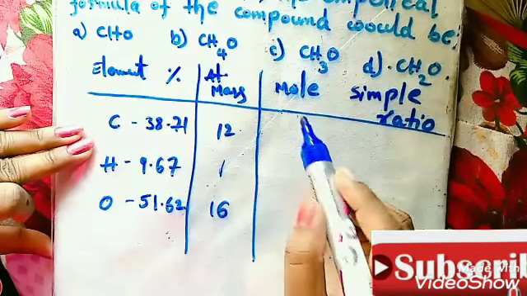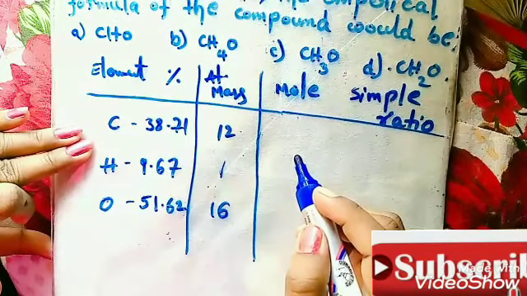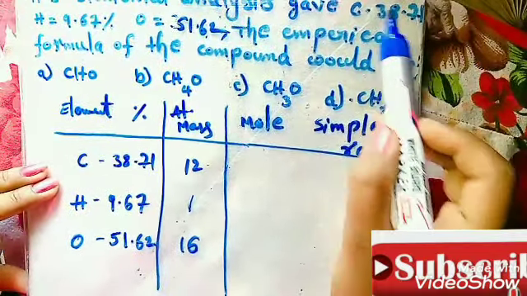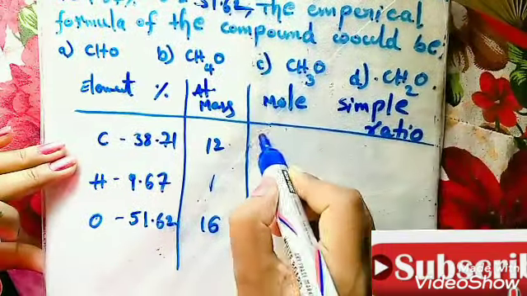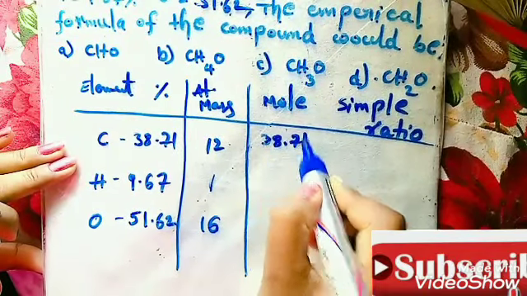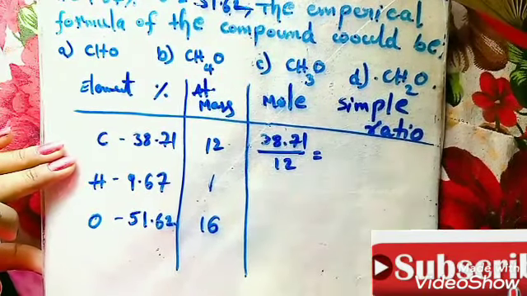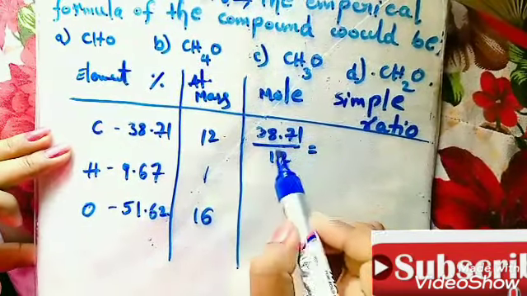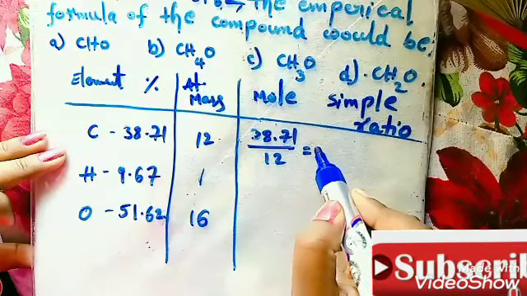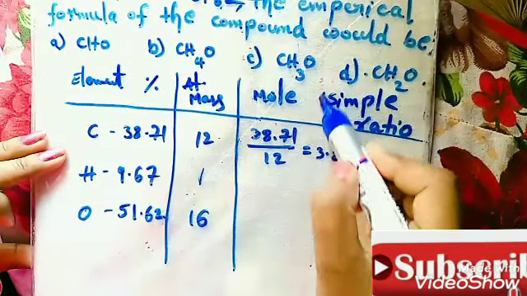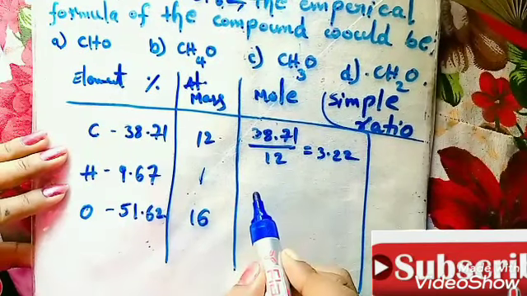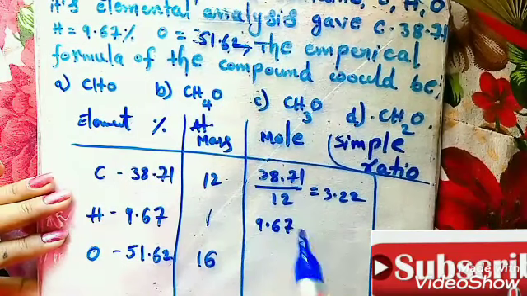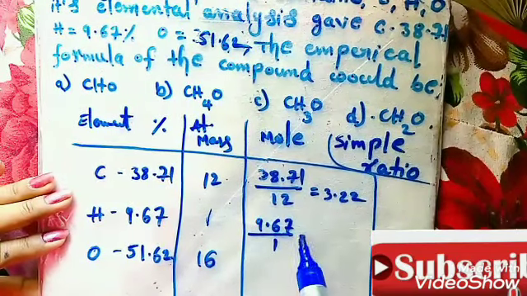Then if you calculate the moles of these, what they have given in the question, that is for carbon 38.71 by 12. If you do like this, you can get the mole of this element. Then how much, students? Approximately 3.22. And students, for the hydrogen, what they have given in the question, 9.67 by 1.